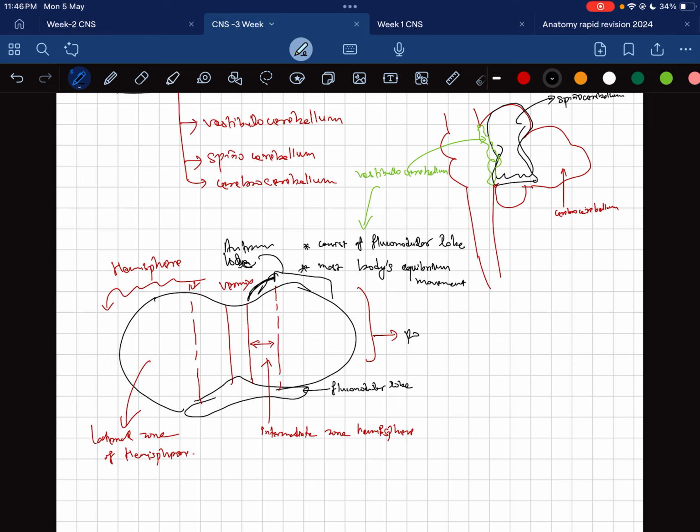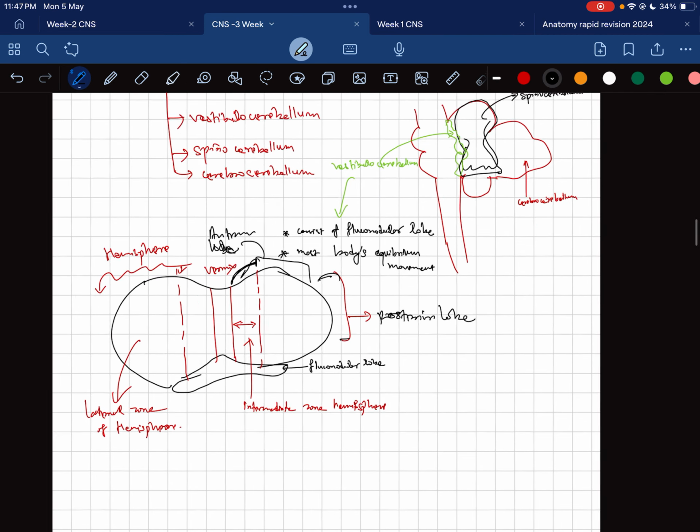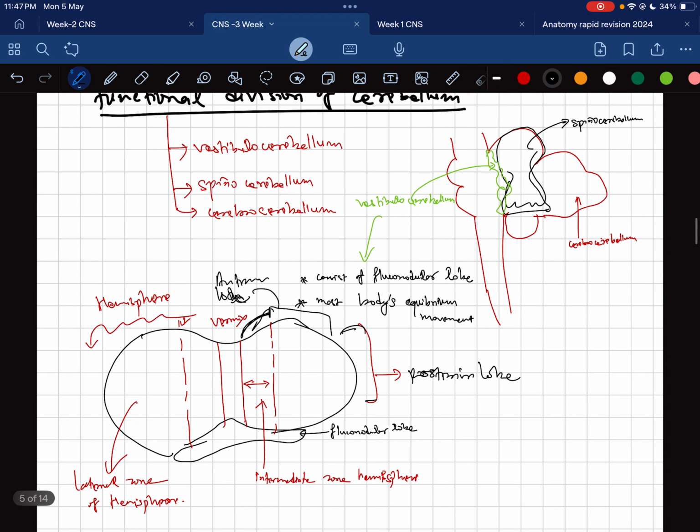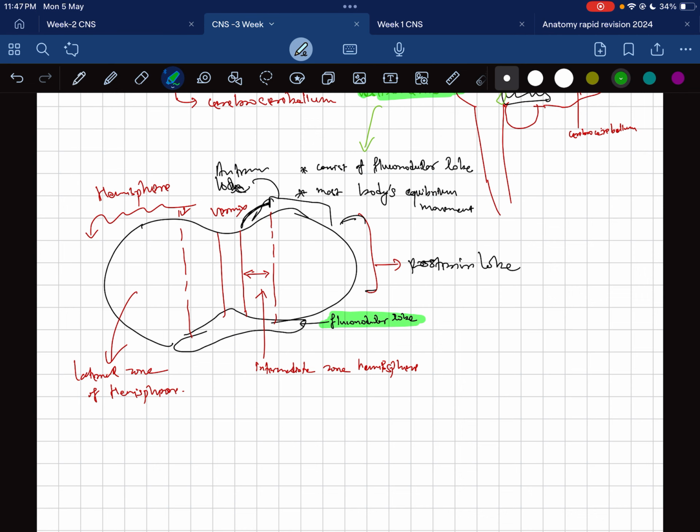This is the posterior lobe from here. In the cerebellum, when we discuss the vestibulocerebellum, it consists of the flocculonodular lobe only.